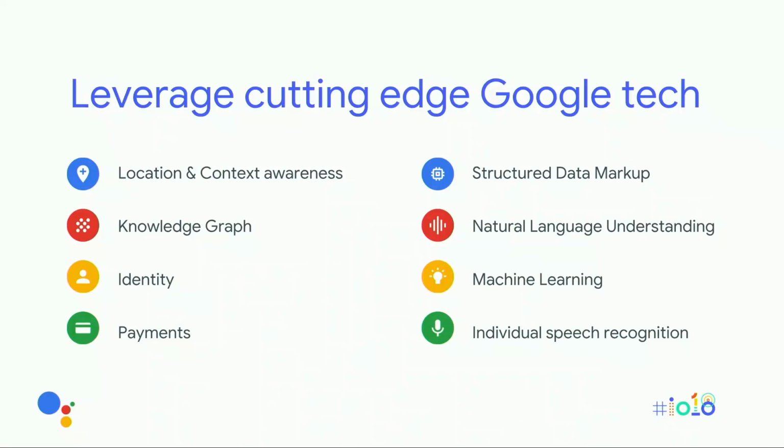Can you imagine building all of this infrastructure by yourself for every single app? It's just not feasible. So we have built this technology stack, and we invite you to build on top of it and focus on building compelling new experiences for your users.